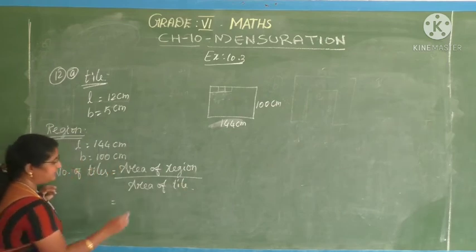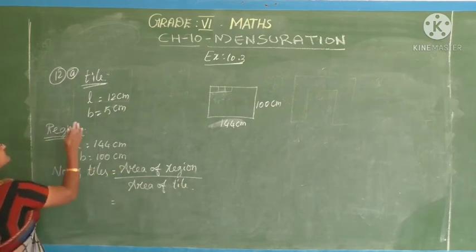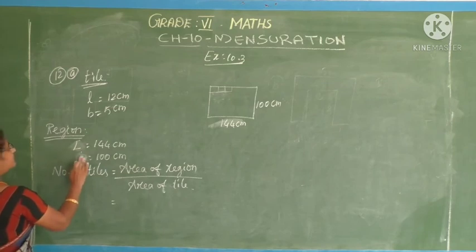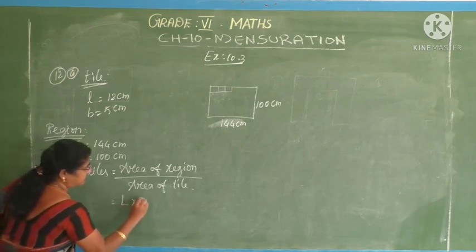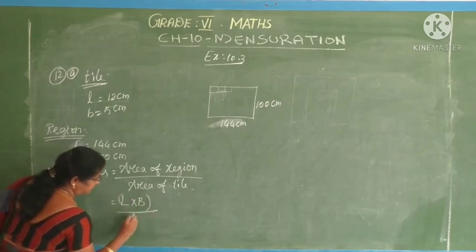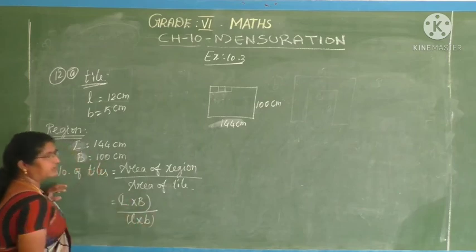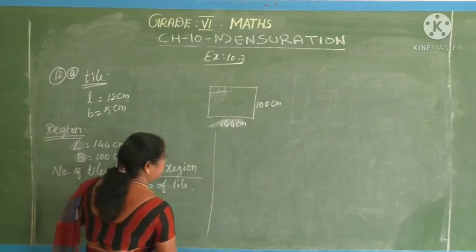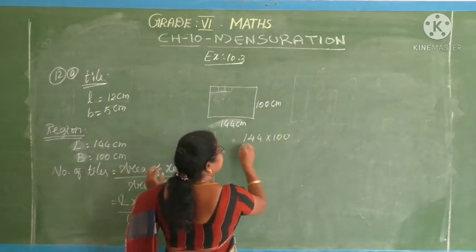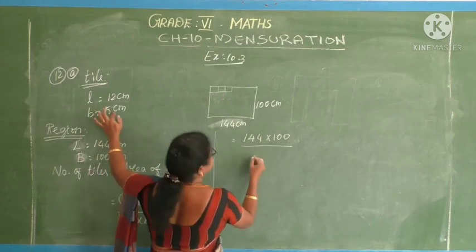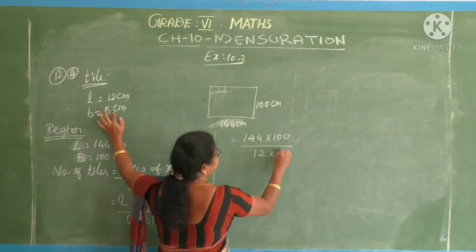That is L into B divided by L into B. Since this region is the bigger one, we use capital L and B, and for the tile, small l and b. Substitute the values: 144 into 100 divided by 12 into 5.